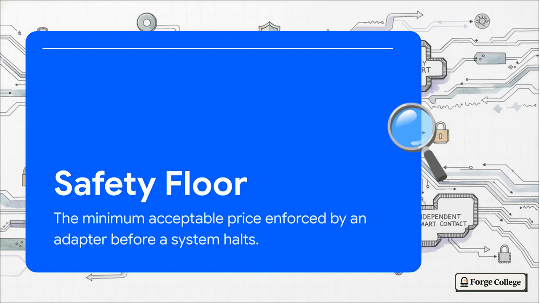A huge part of that policy enforcement is what we call the safety floor. This is the absolute minimum acceptable price enforced by an adapter before a system intentionally halts. It's a hard-coded guardrail. If an oracle suddenly loses its mind and claims an asset is worth 0, the adapter immediately steps in, hits the brakes, and basically says, nope, we halt operations right now before we let that math touch the vault.